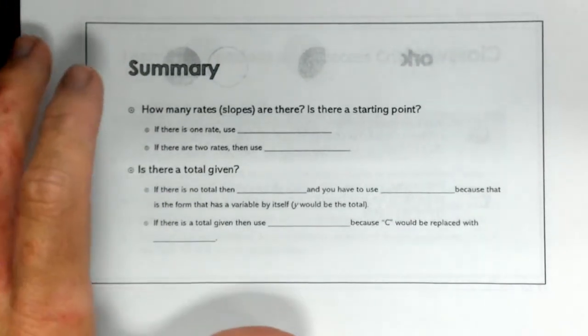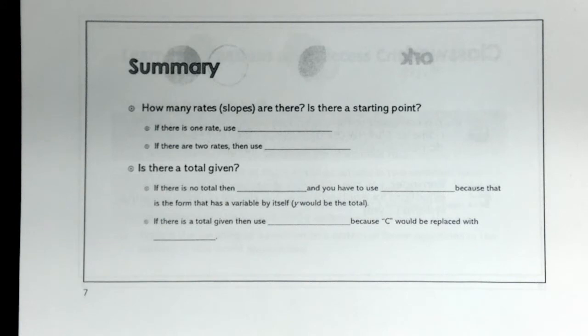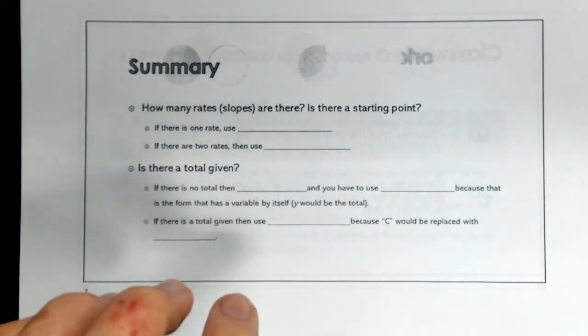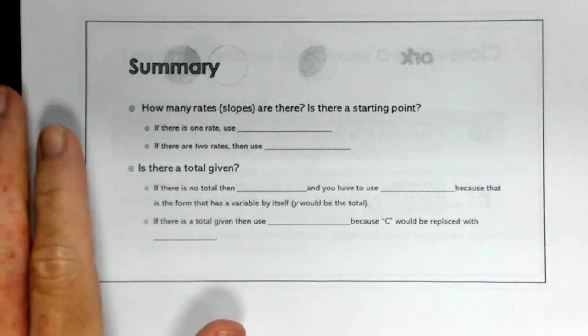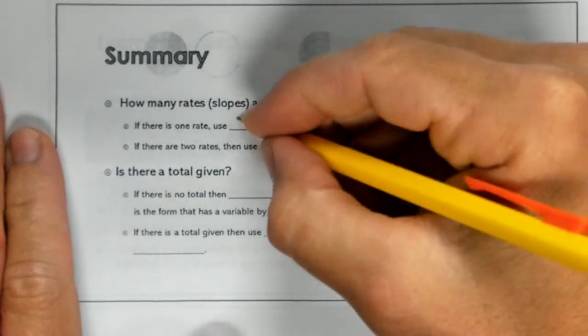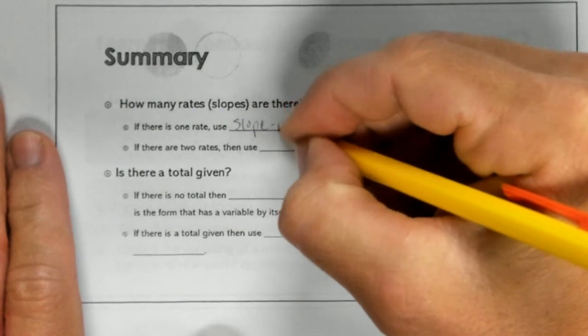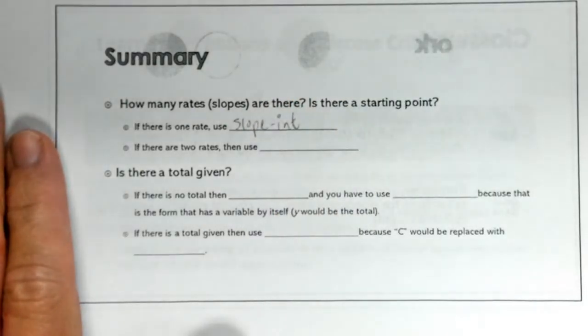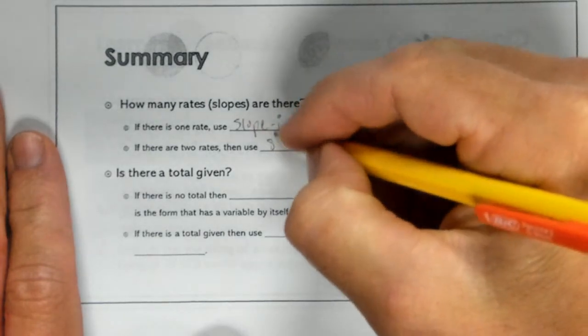Let's go to our summary here at the bottom. How many rates, slopes are there? And is there a starting point? If there is one rate or one slope, we would use slope-intercept form. If there are two rates, let's use standard form.